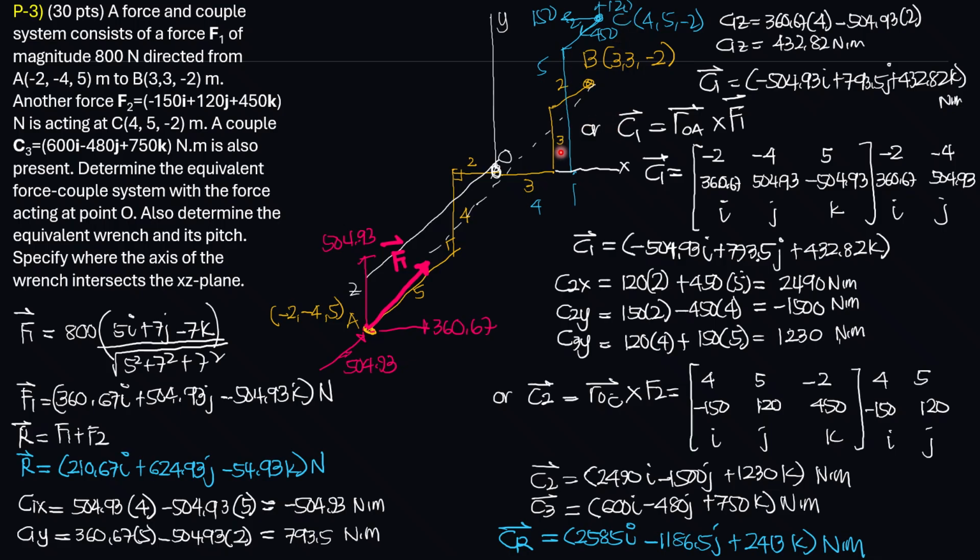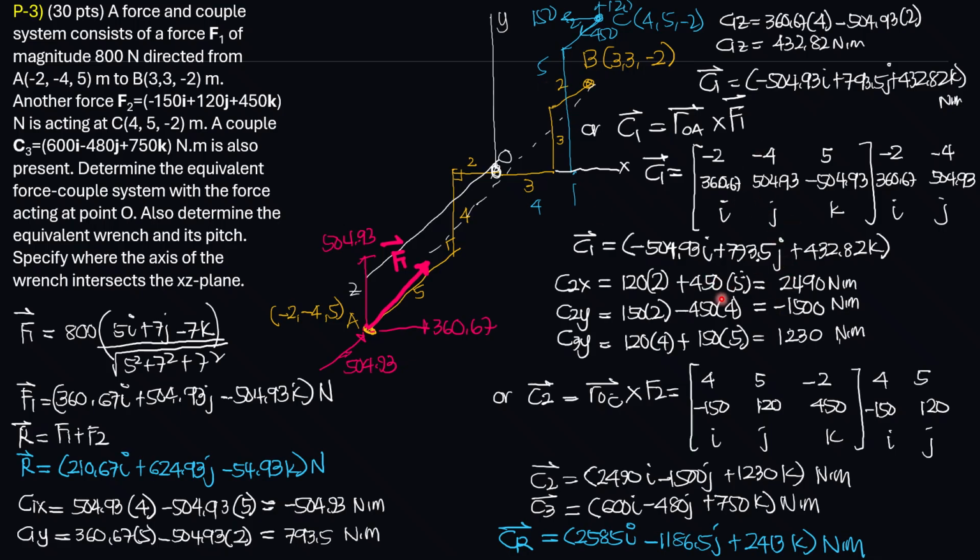The positive sense of moment about X is in that sense. So 120 times 2. Then the moment of 450 is also positive because it is in that sense. 450 times 5.